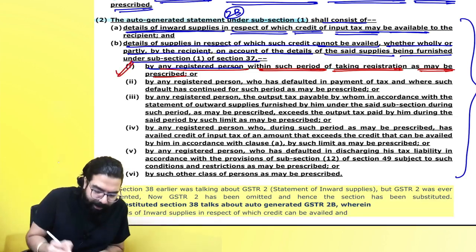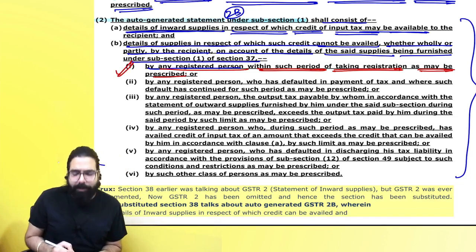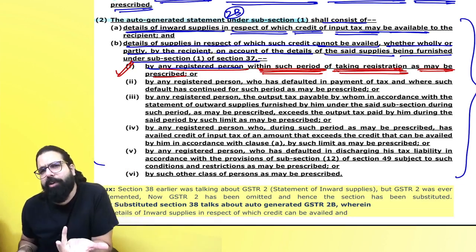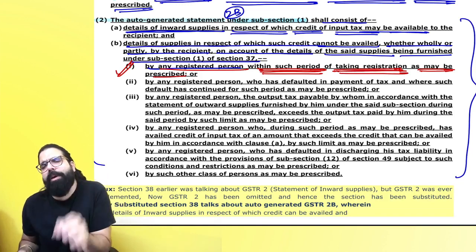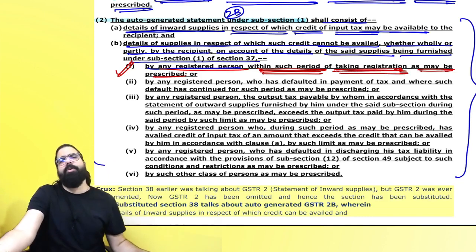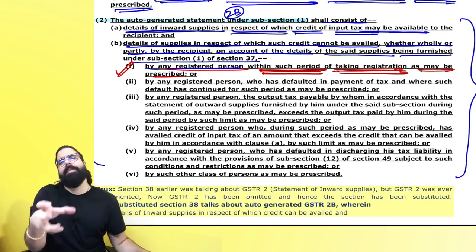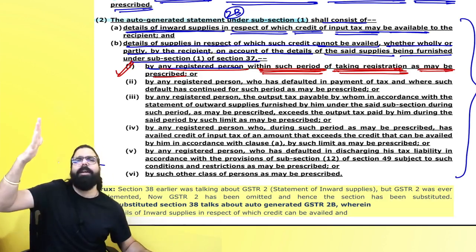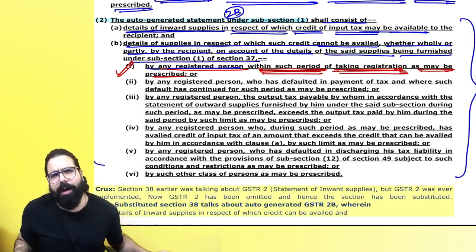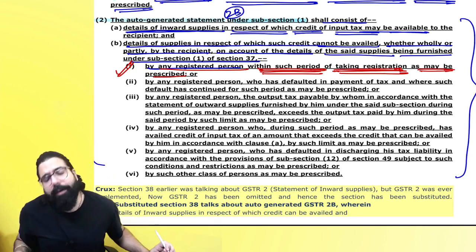So if the details are furnished by a registered person within such period of taking registration, might be a newly registered person, the government is telling, until we do your physical verification. Whatever credit you pass on, once you take registration, till a certain period, that credit will go in the recipient's GSTR2B restricted column.